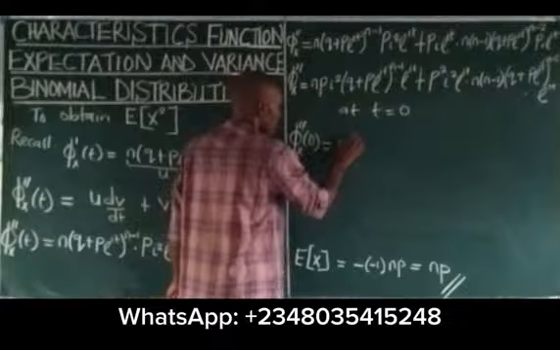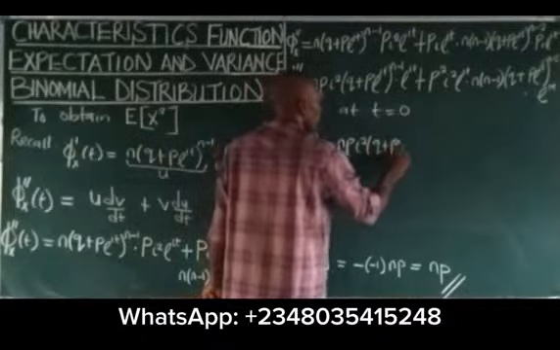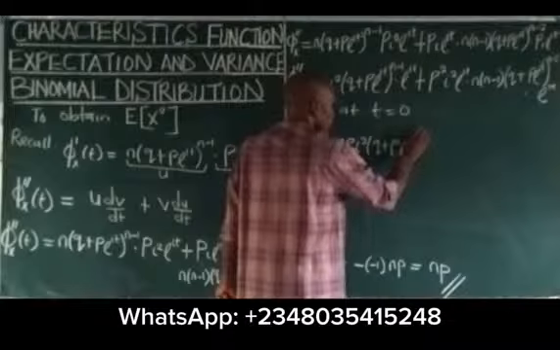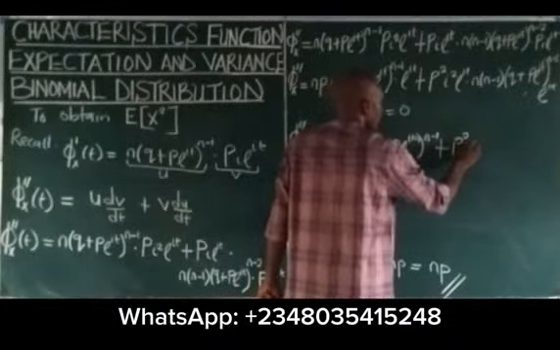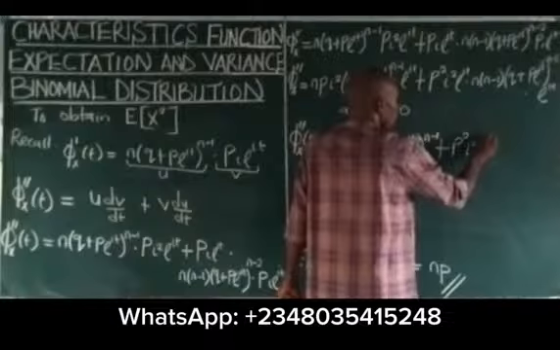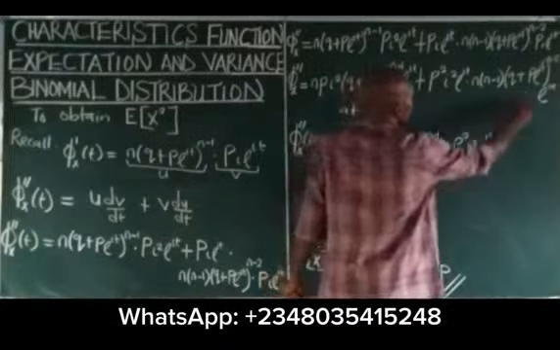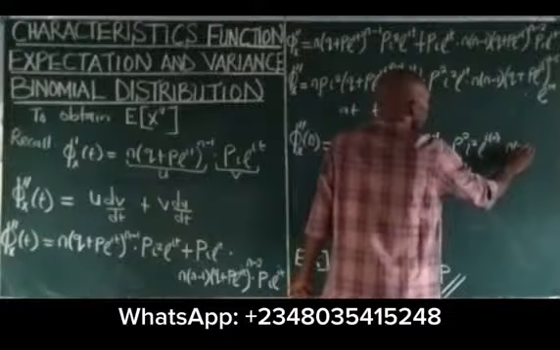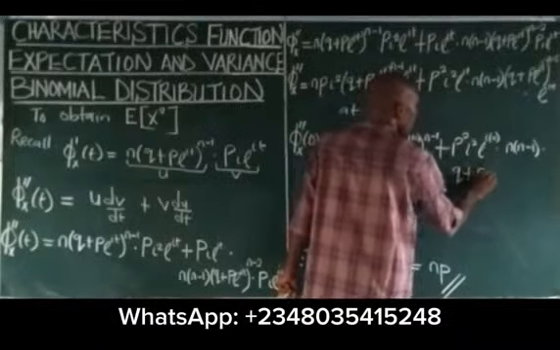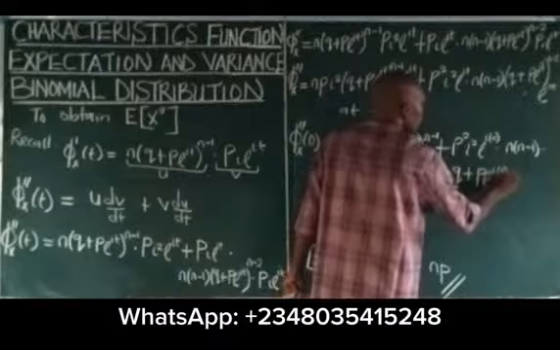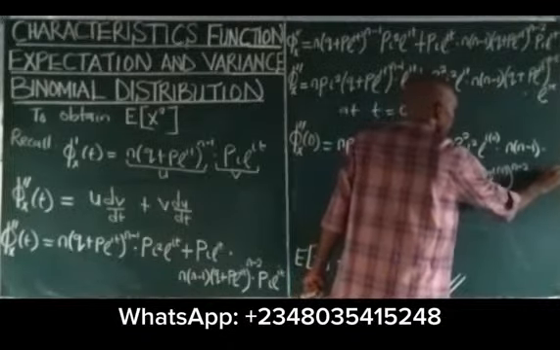So we have np i squared into (q plus p exponential i0) to the power of n minus 1, plus p squared i squared exponential i0 into n into n minus 1 multiplied by (q plus p exponential i0) raised to the power of n minus 2, multiplied by exponential i0.